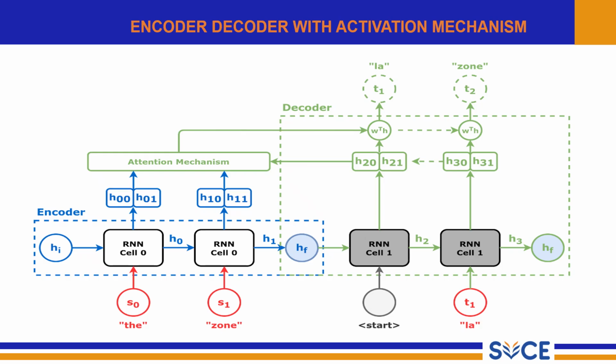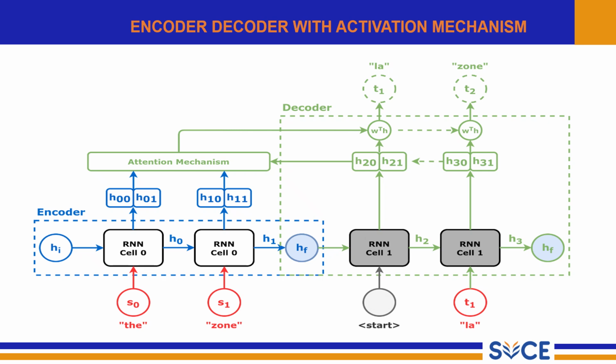It takes the input sequence here, the words S0 and S1. Each word passes through an RNN cell producing hidden states H0, H1. These states capture the contextual meaning of the input words.